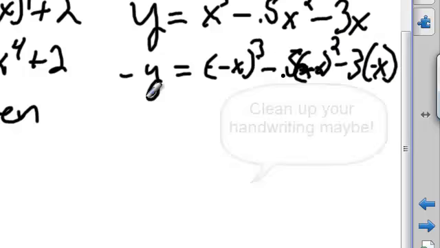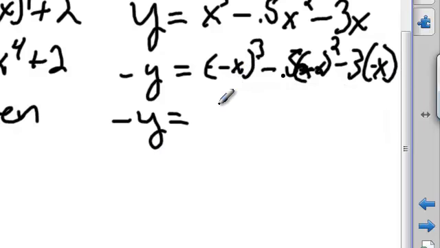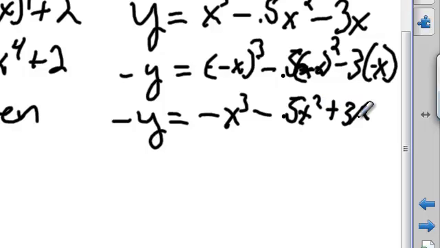Now we just clean it up. Negative y equals negative x times negative x times negative x, that's still just negative x cubed. Then we have negative x squared, which gives me x squared, so that means this has to be negative 0.5x squared, plus 3x.